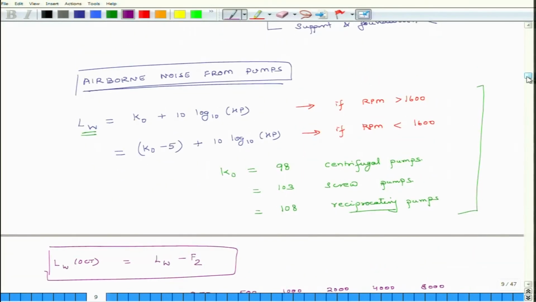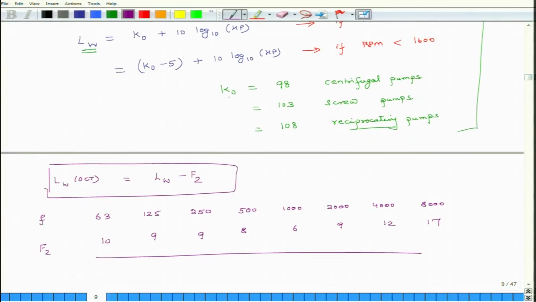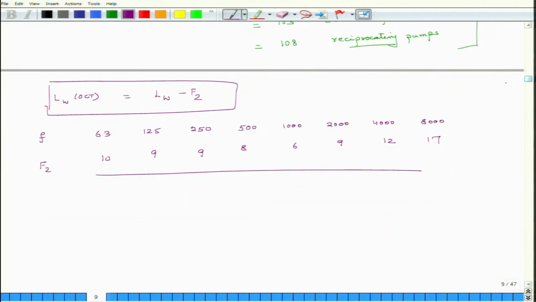So, the airborne noise coming out from a pump can be expressed as Lw equals k naught plus 10 log of Hp, with a modified relation if the RPM is less than 1600. We have discussed the values of the k naught constant for different types of pumps, and if we want to compute the sound power level for specific octave bands, then this is the factor which we use.